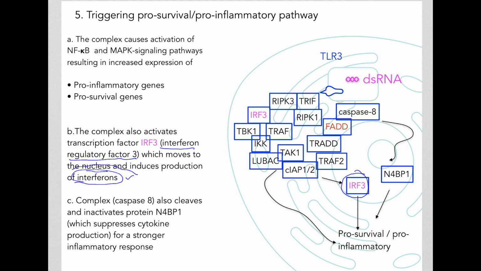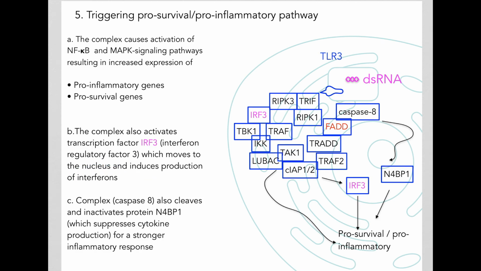Now, as we shall see in future videos on the immune system, interferons are very important proteins produced by the immune system that interfere with viral infections, and they also help modulate the immune response.